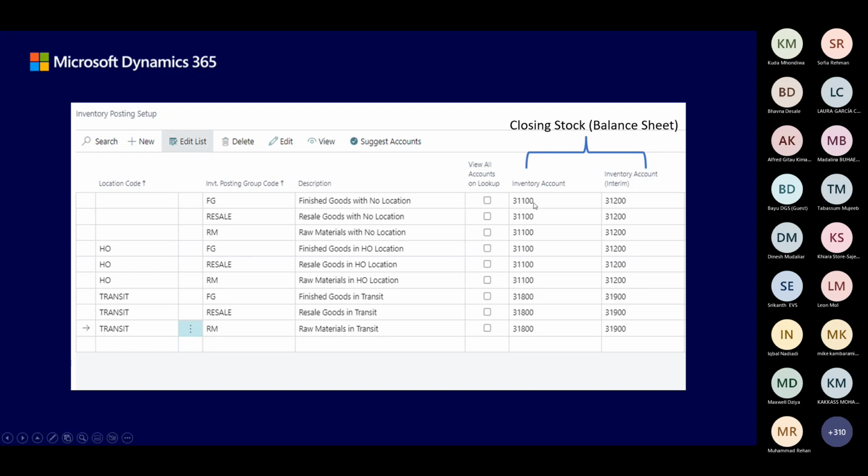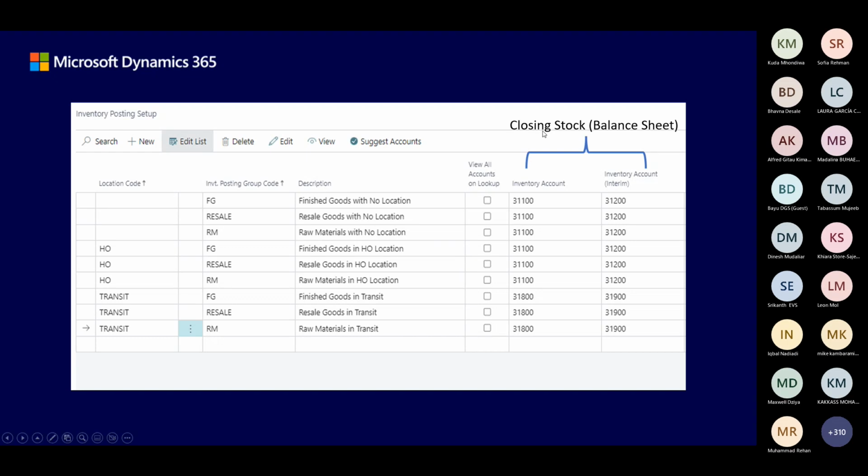If it is goods in, it will debit this balance sheet account and credit the P&L side, which I'll show you in a minute. And if it is goods going out, then it will credit this balance sheet account and debit the P&L account, which I'll talk to you about in a minute.